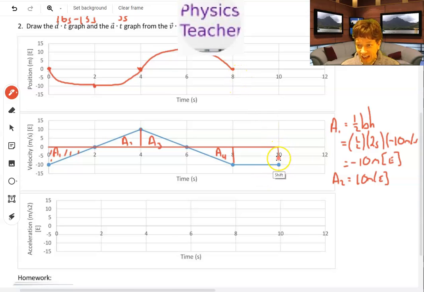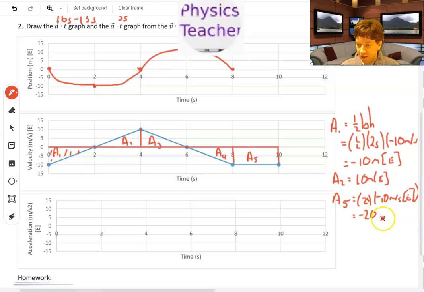Finally, in this last portion, let's call this A5. This is just a rectangle. So A5 is going to be length times width, which is 2 times minus 10, which would give us 2 times minus 10 meters per second east. Forgot my units on the 2.